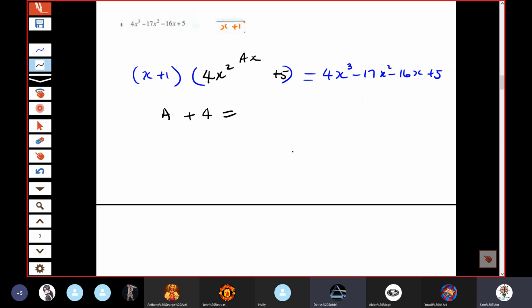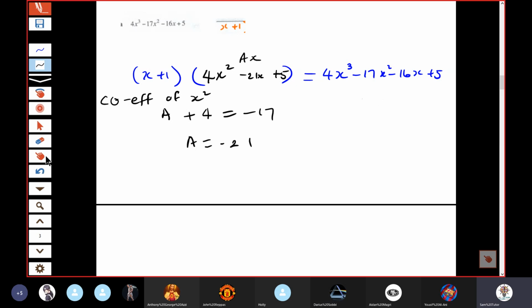We don't really care about the x squares anymore once you know it, but maybe we should write it. Coefficients of x squared. But I think you're getting what I'm saying. And then it's equal to negative 17. And then you're done. A equals negative 21. Finished.